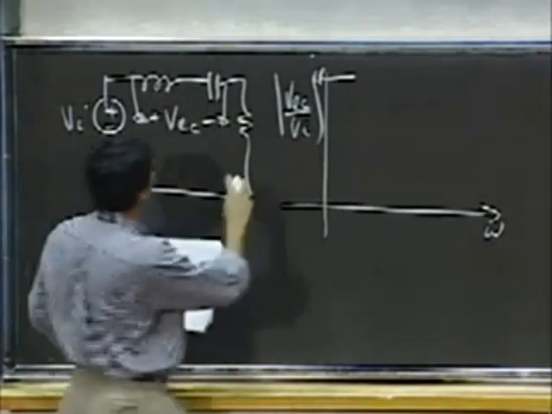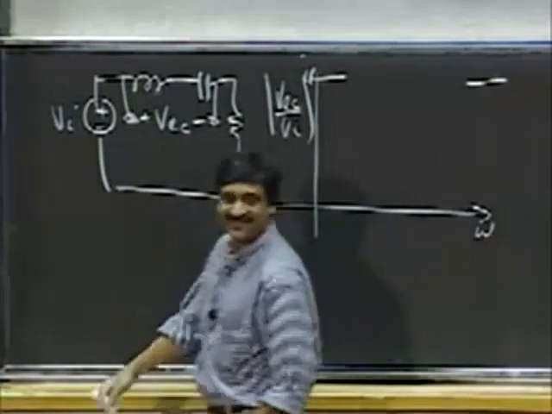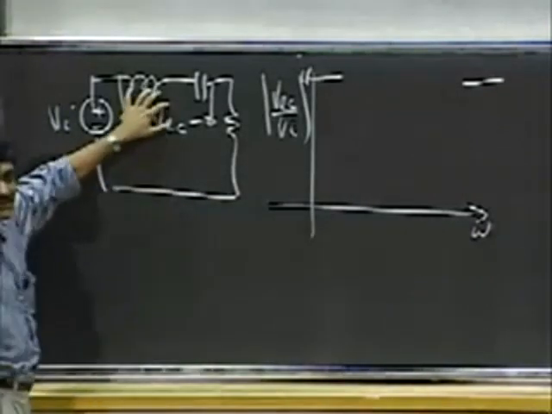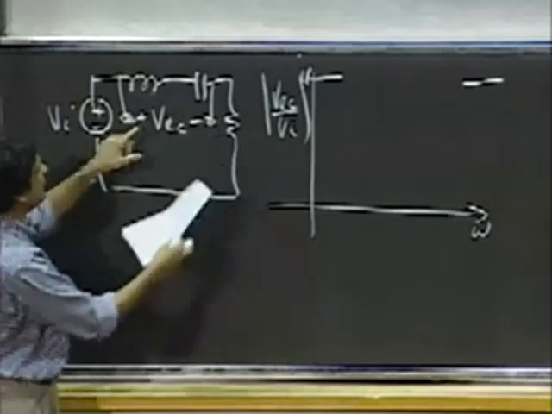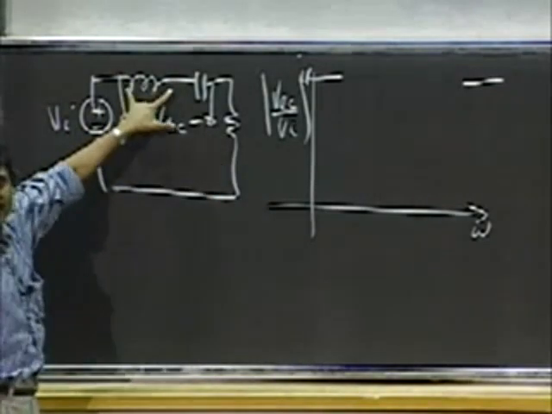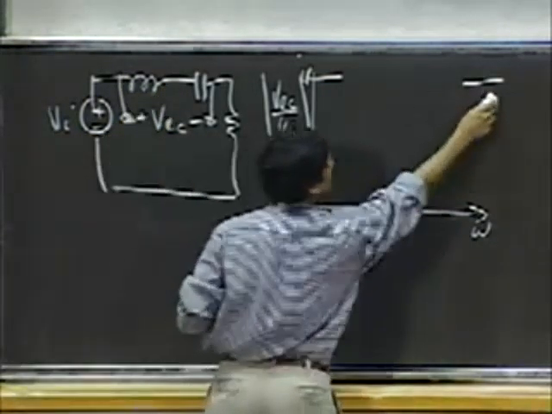Similarly, at very high frequencies, the inductor looks like an open circuit now. So it looks like this. So at very high frequencies, the inductor is an open circuit. And so, again, I'm looking at the voltage divider across the near infinite impedance. So I get a high value here as well.